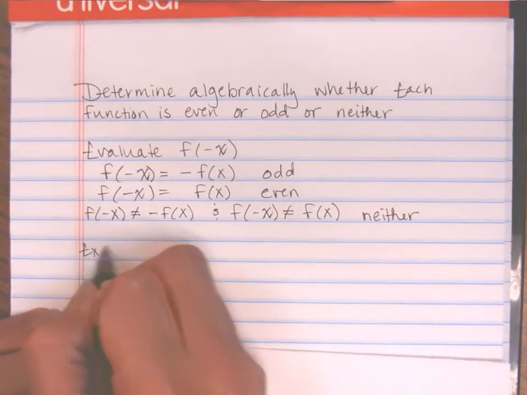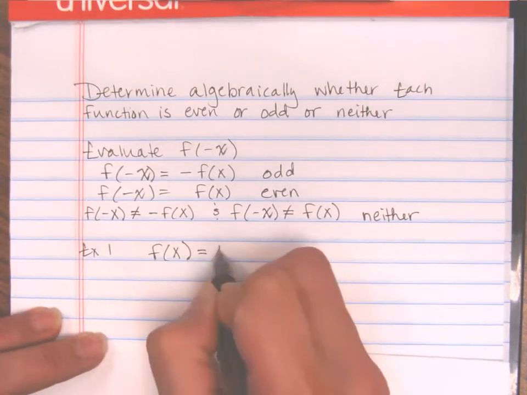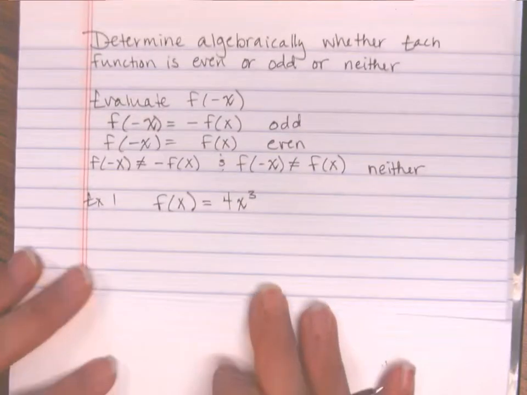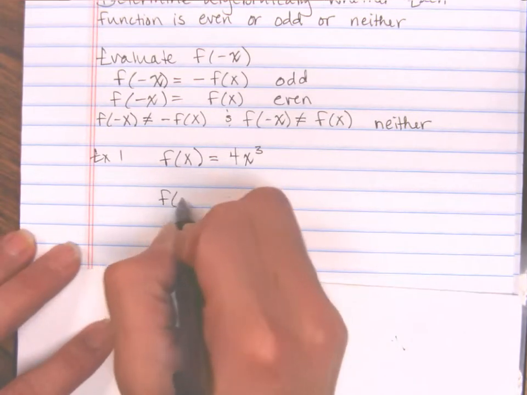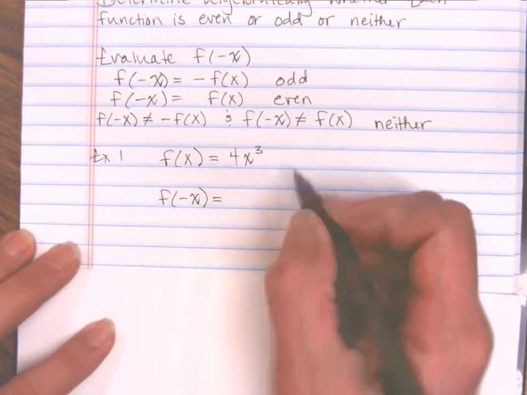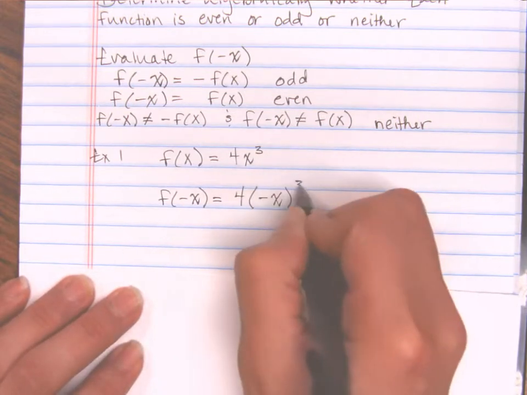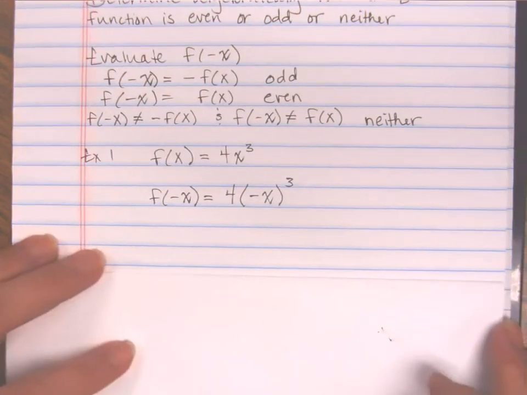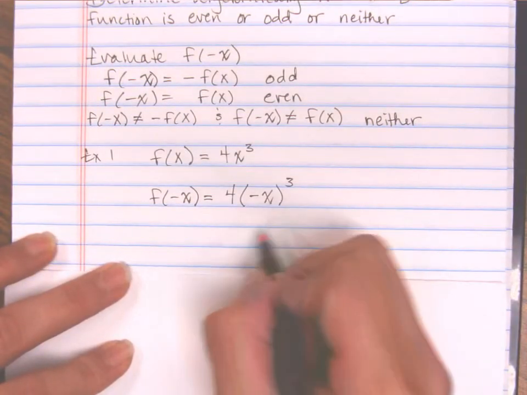Example 1. Let's say we're given f of x is equal to 4x cubed. Recall that we want to evaluate f of negative x, so that is equal to 4 times negative x cubed. To simplify, I'm going to change colors here so we can see what's happening with our x and our exponent.